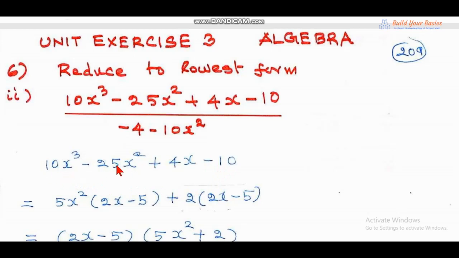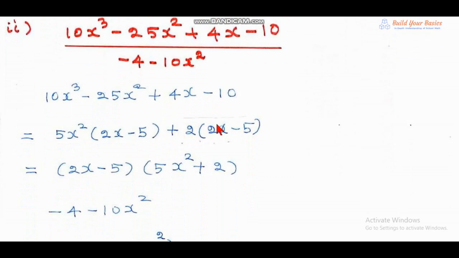For the first two terms we can take 5x squared common, so 5x squared into 2x minus 5. For the next two terms we can take 2 common, so 2 into 2x minus 5. 2x minus 5 is common, so we can take it out. So 2x minus 5 into 5x squared plus 2.